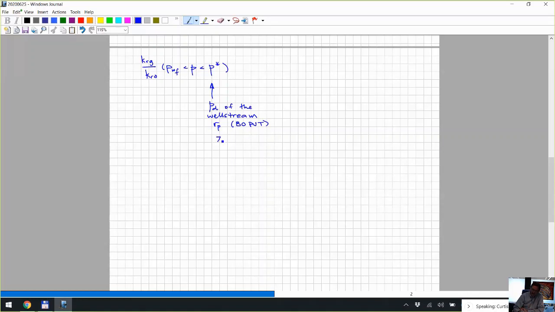Or it's the well stream composition if you're using an EOS based simulation or modeling of the PVT. You basically take the well stream composition, go to the equation of state, calculate the dew point, and that's your P star. So within the range from any flowing bottom hole pressure up to the P star, we can calculate what actually will be in every grid cell.